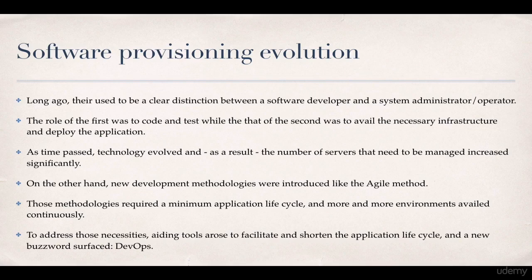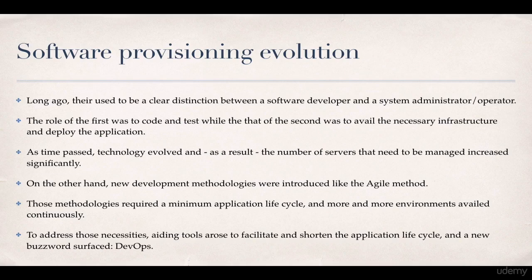And with the advent of new software methodologies like agile development, if you have heard this term before, it is a form of software development where the application lifecycle is kept at the minimum. The application lifecycle should last no more than a couple of weeks, after which the application is released for testing. Testing, of course, reveals bugs or new features that need to be installed, new components that need to be incorporated into the application, so it returns back to the developer to do the necessary work and then deploy it again and over.